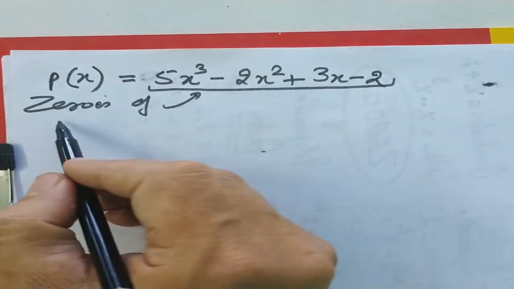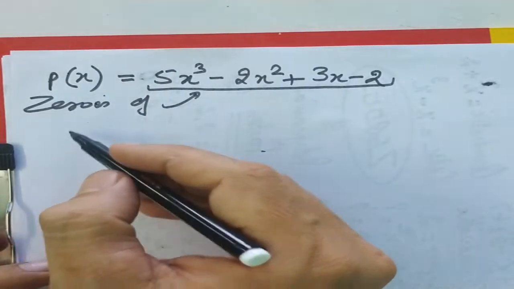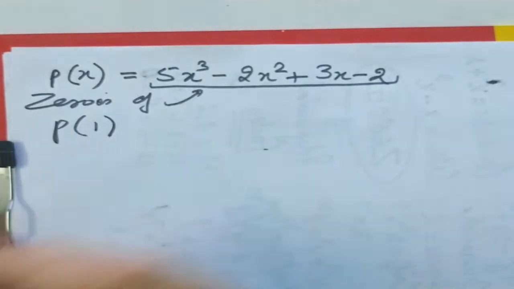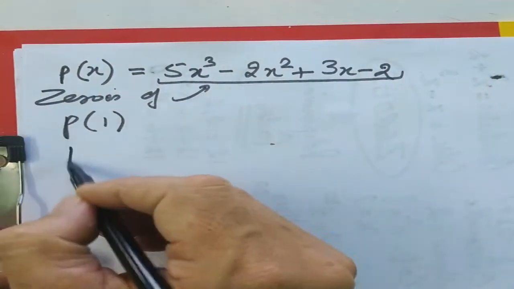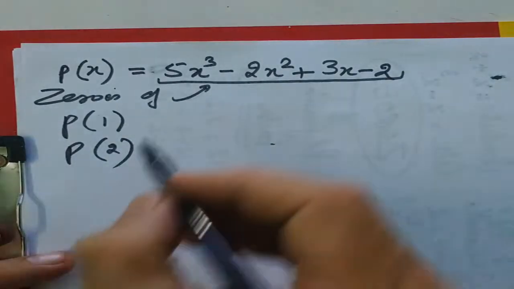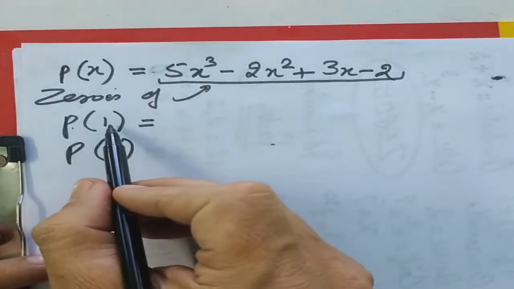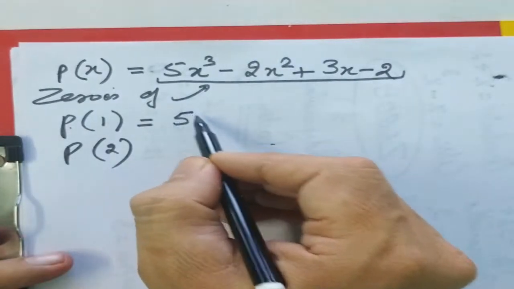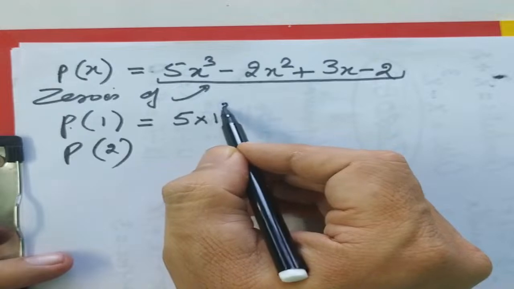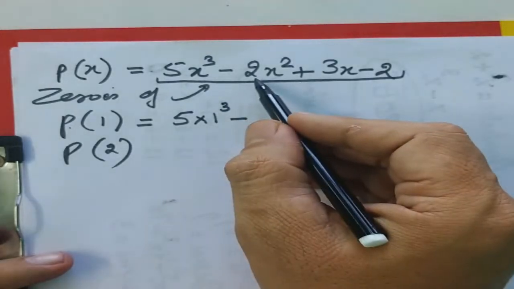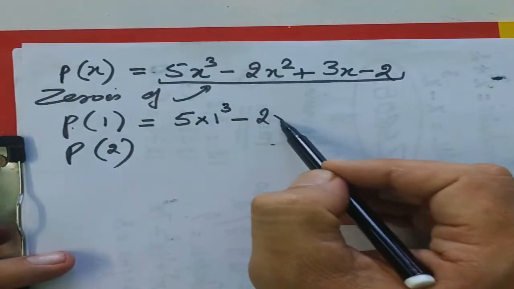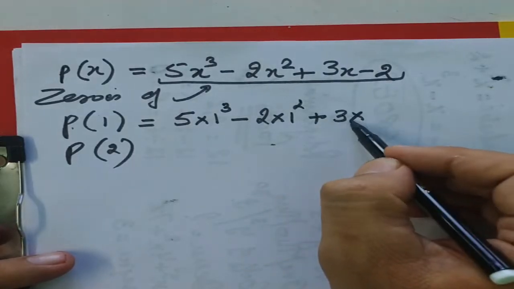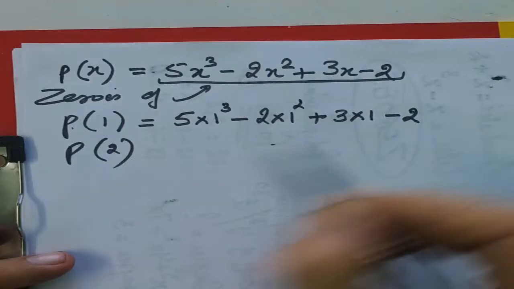Zeros of a polynomial, with an example you will understand better. If I take x as 1 and write p of 1, then all the x in this expression will be replaced by 1. This is 2x squared, so I replace x with 1, then 3x means 3 into 1, and minus 2.